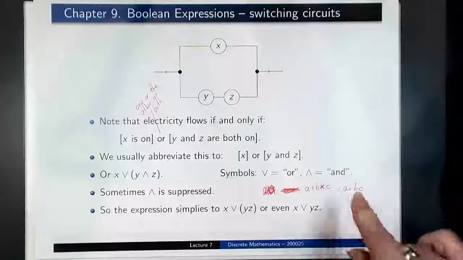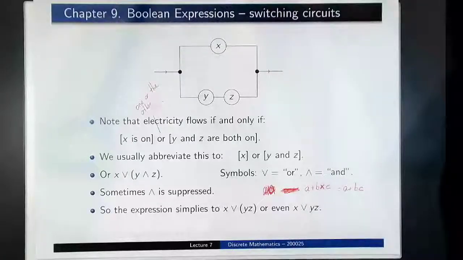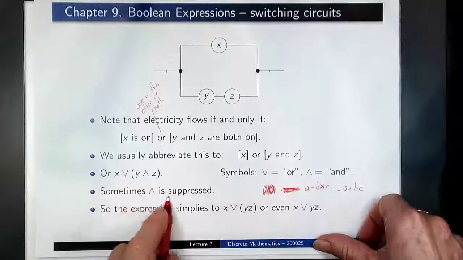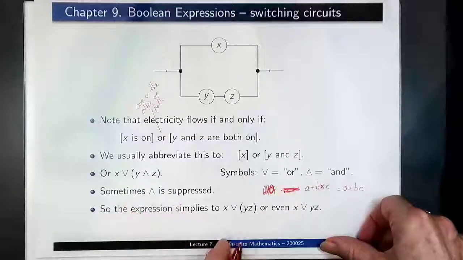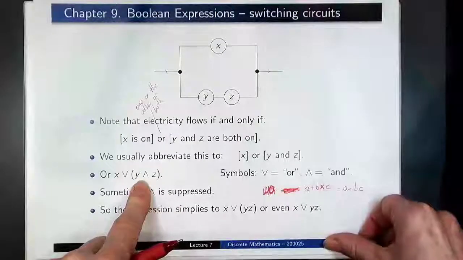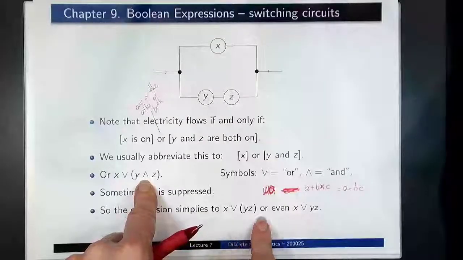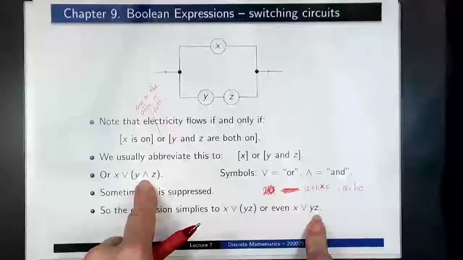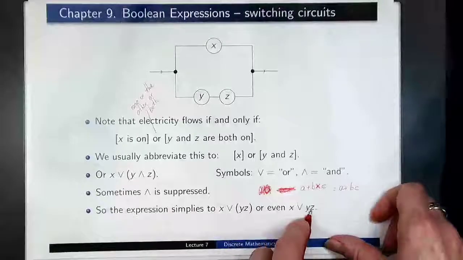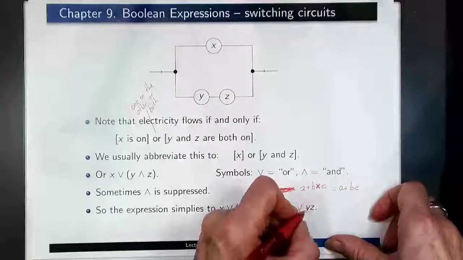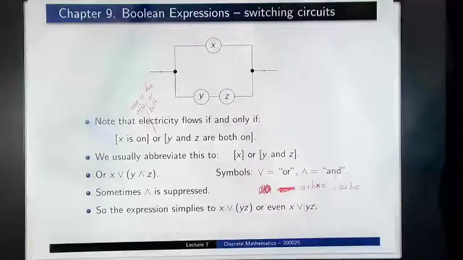You've known that since you were somewhere in high school. Okay, so that's the idea here. Sometimes this will be written as this, which means we just leave out the AND, or even that. When we leave that out, it's assumed that there are brackets there. There are quite a few conventions here, and with a little practice, you'll get used to them. They're not hard.